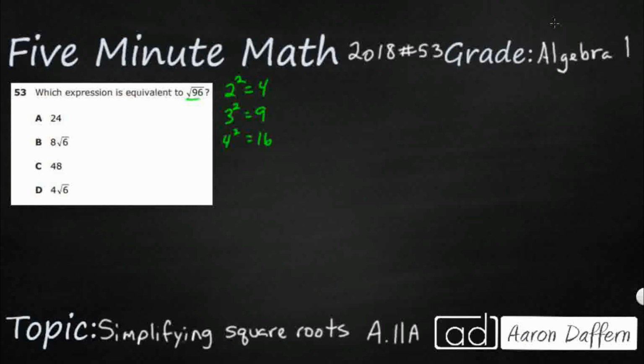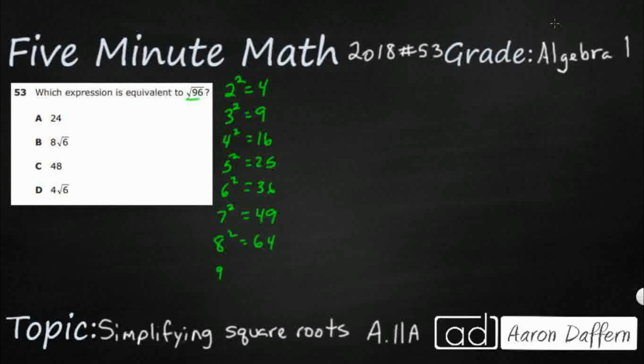We can plug that into our calculator and figure out exactly what that is to the thousandth place if we really wanted to, but that's not the point. We want to make it look a little bit simpler. Square root of 96 is kind of a big chunk. Every time you see a square root of a 2 or 3 digit number doesn't necessarily mean you can simplify it like we're going to do here, but it's at least worth a shot.